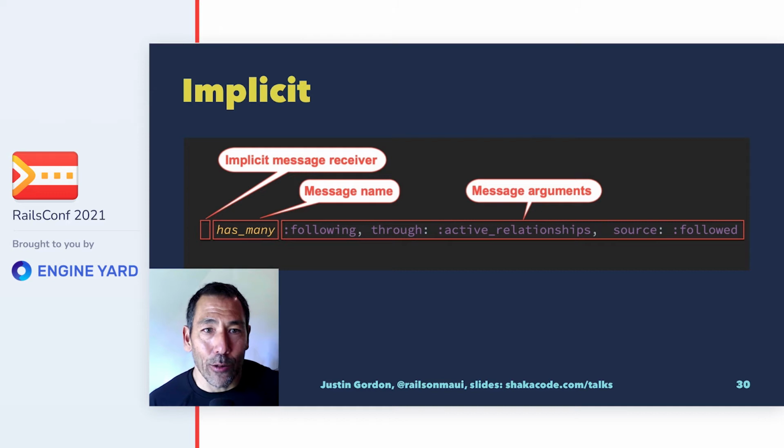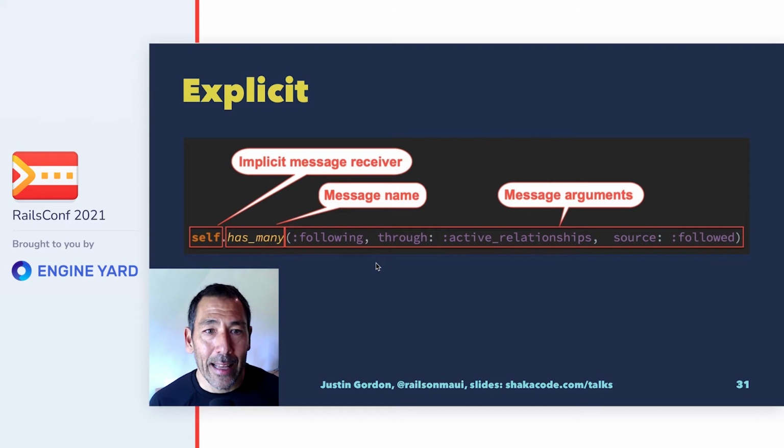So here in this diagram, I'm clearly showing you that there's some implicit message receiver in front of the hasMany, and then there are some message arguments, and the message name is hasMany. So you've got the receiver, the message name, and the message arguments. And that is the nature of having a DSL built on top of Ruby. And when you think about that, you'll be able to look at this line of code, and then you'll be able to see it explicitly.